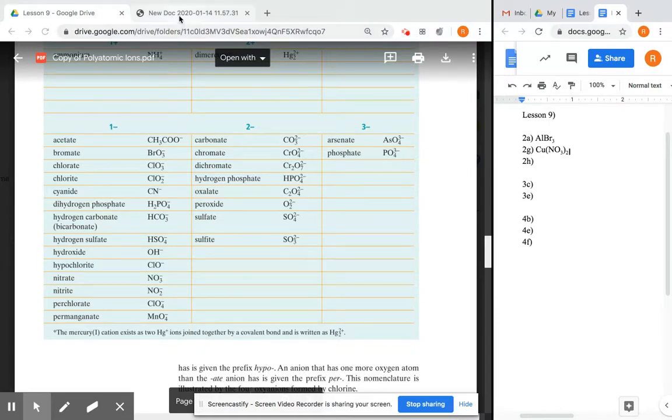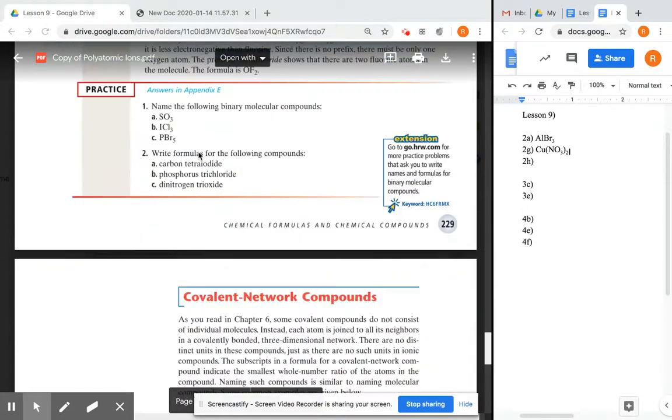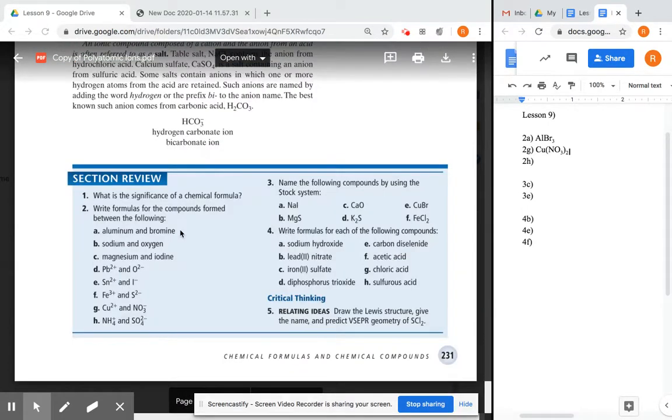All right, now moving on to H. In 2H, we have NH4+ and SO4 2-. Here we have 2 different polyatomic ions forming an ionic compound together. Let's look at their charges. This ammonium, NH4+, means we need 2 of them to balance out the SO4 2-.